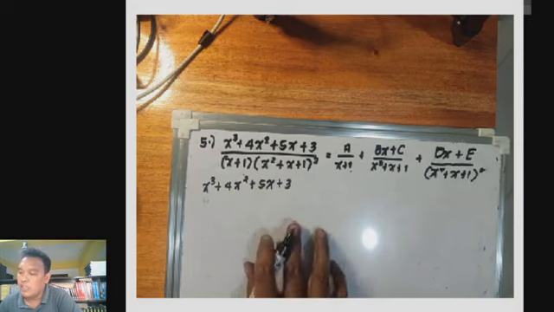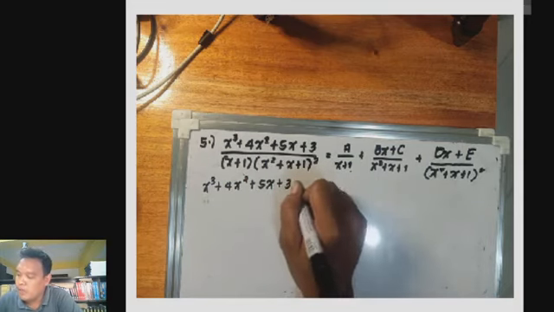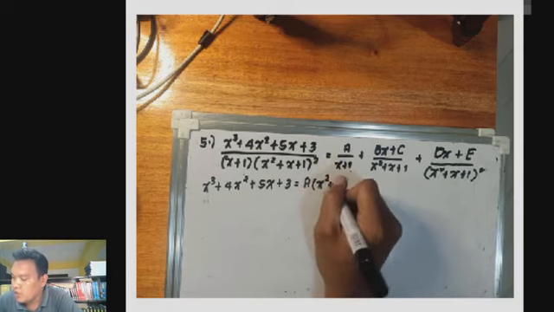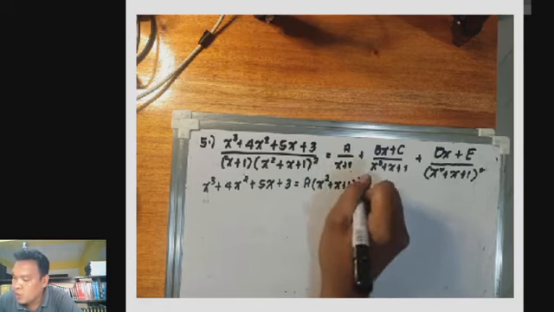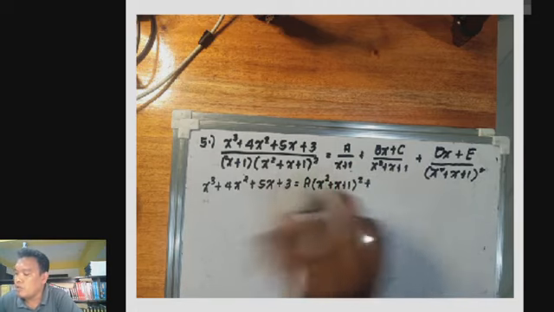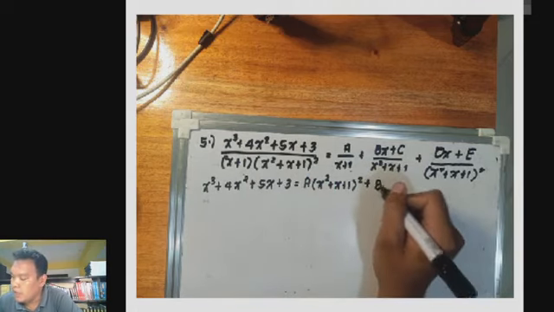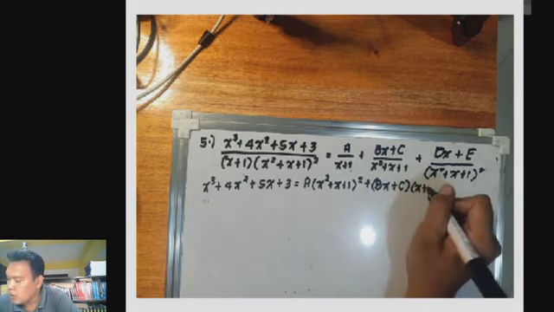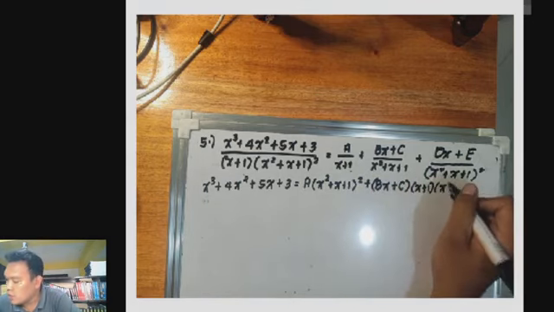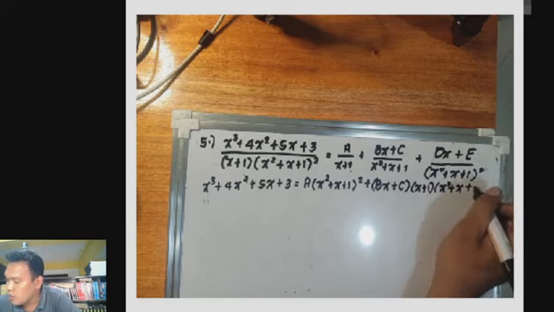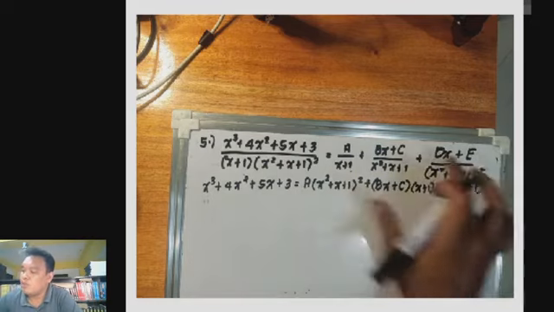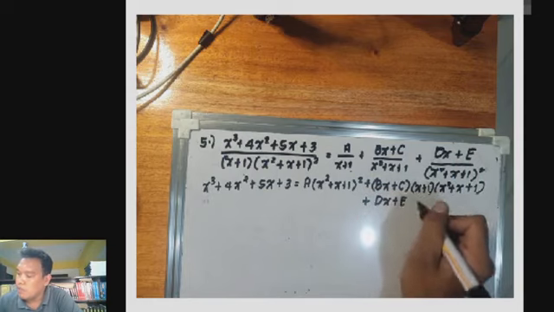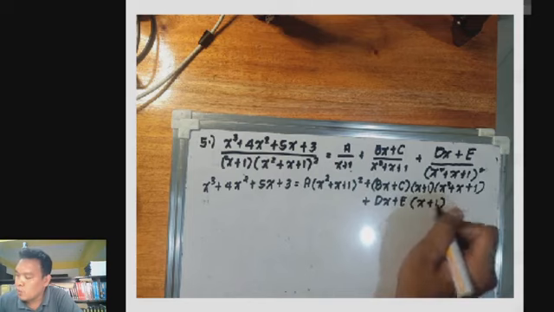Then, when we multiply this here, we have equals a times the quantity x squared plus x plus 1, squared, plus, when we multiply this here, we have bx plus c multiplied by x plus 1 and x squared plus x plus 1. Then, when we multiply this here, we have plus dx plus e multiplied by x plus 1.